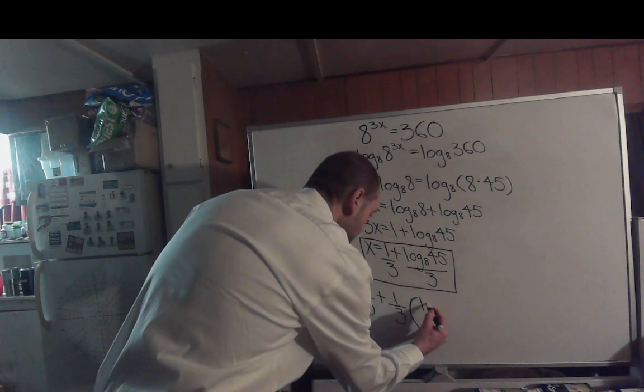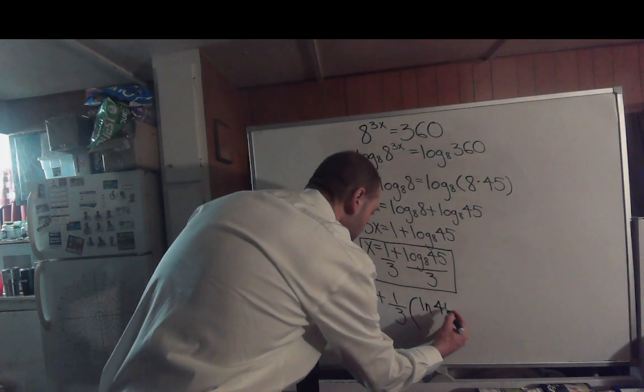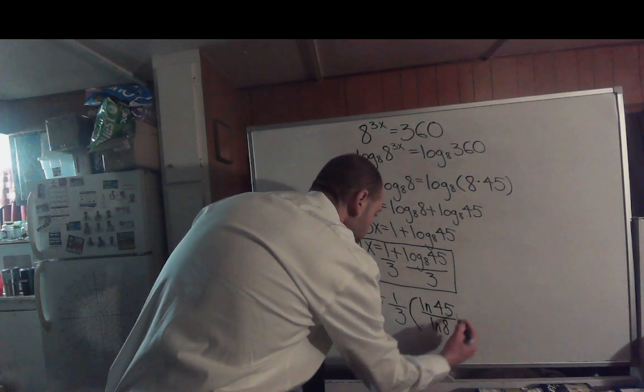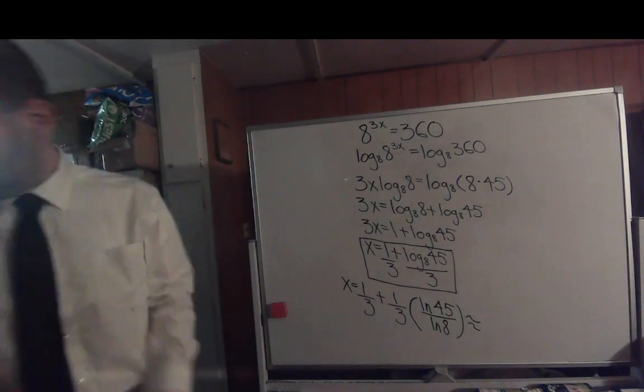Let's say the natural log of 45 over the natural log of 8. And then we can get an approximate solution.